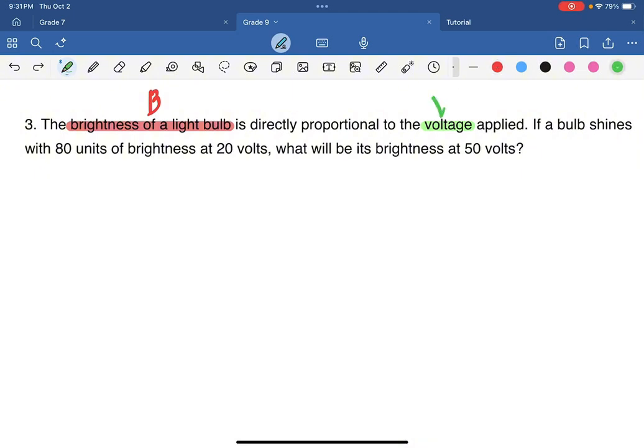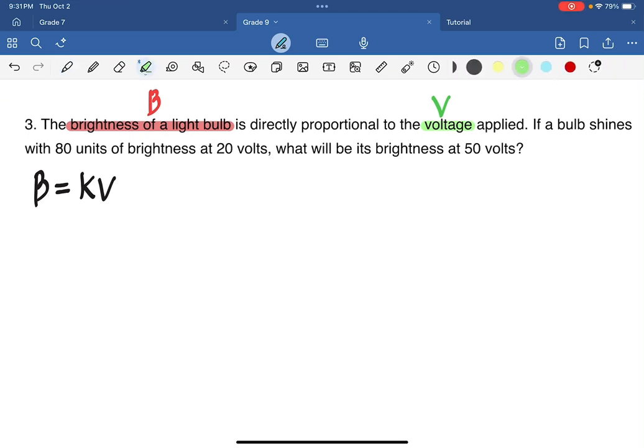Okay, so B is directly proportional to V, or B varies directly as V. So we have here B equals KV. The bulb shines with 80 units of brightness.